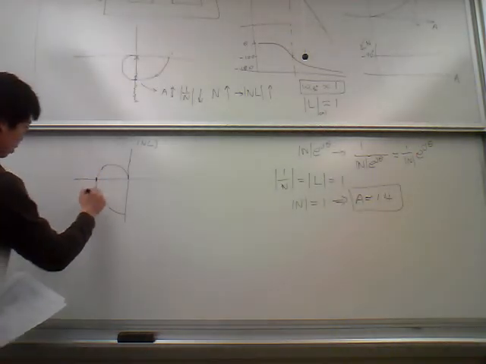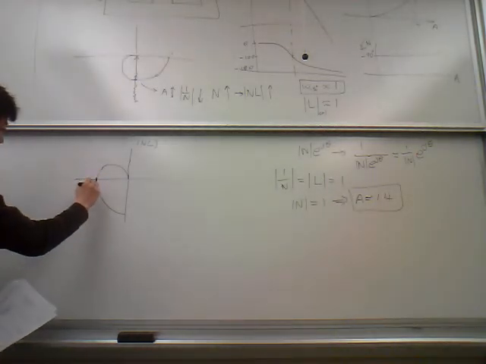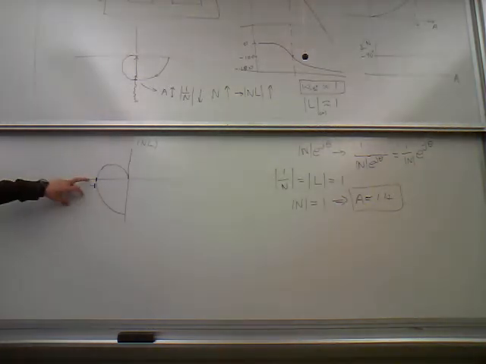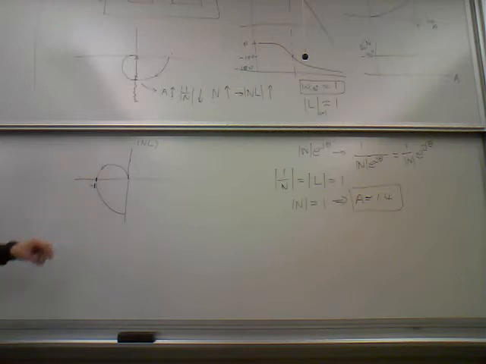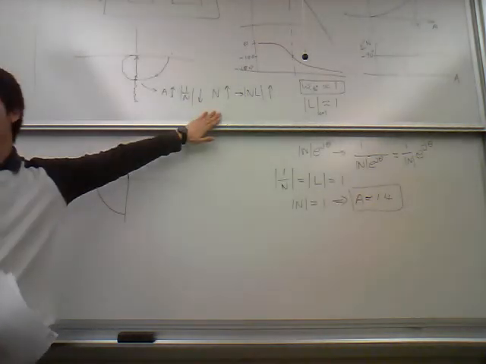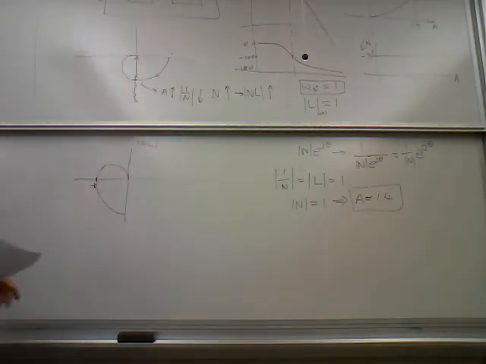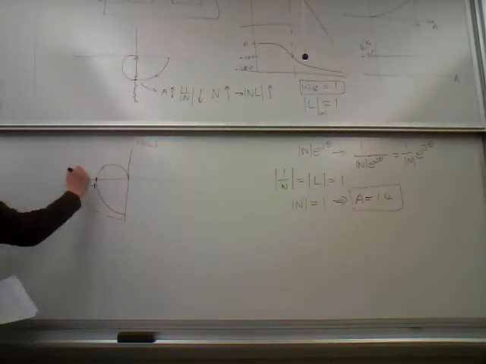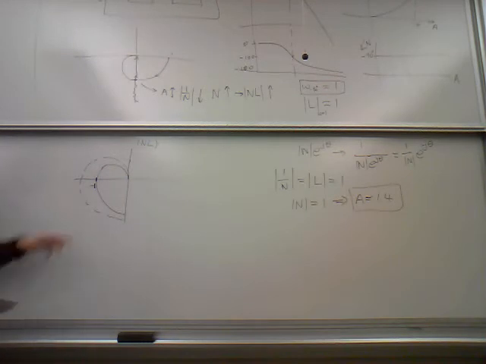And the limit cycle happens at the point of neutral stability, so right here, it just barely touches the negative 1 point. So if NL gets bigger, when A increases, then this whole plot is going to get bigger, and it's going to encircle the negative 1 point.